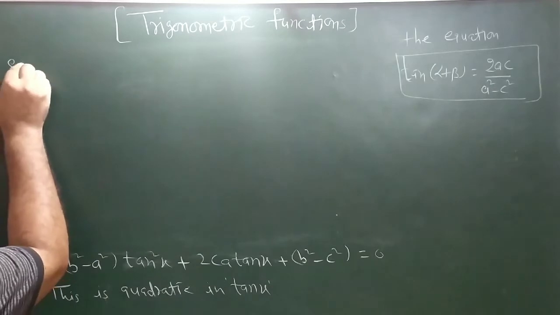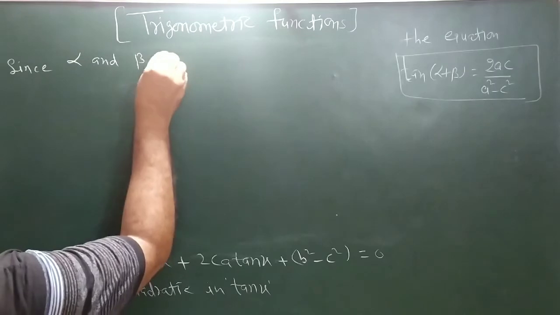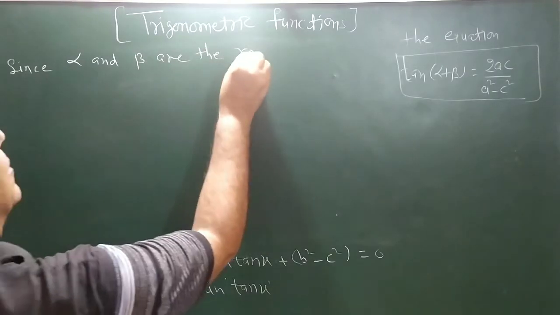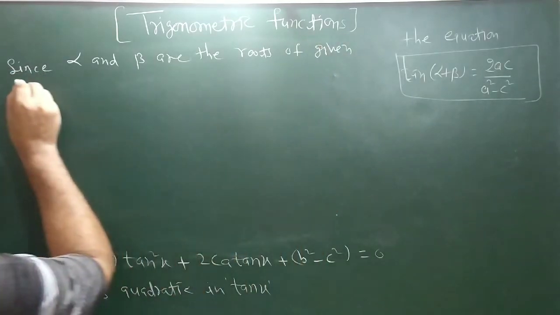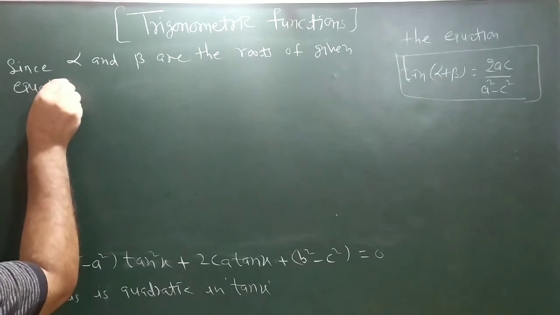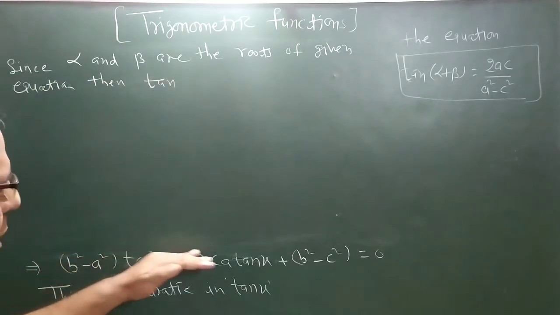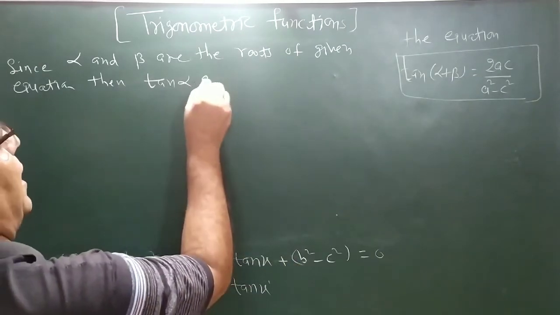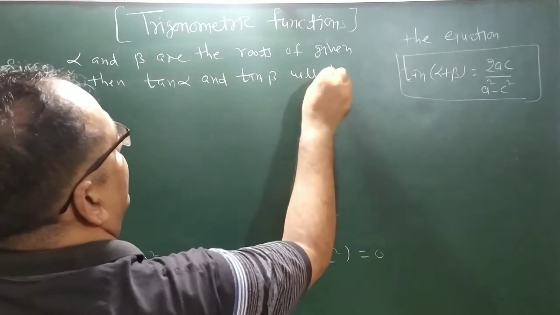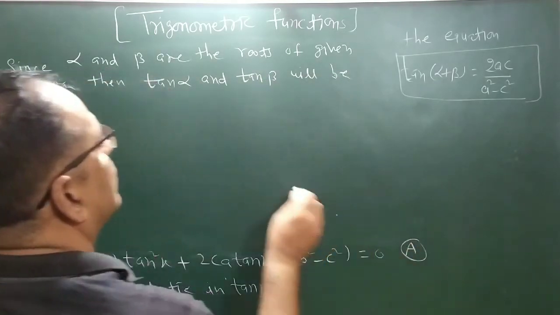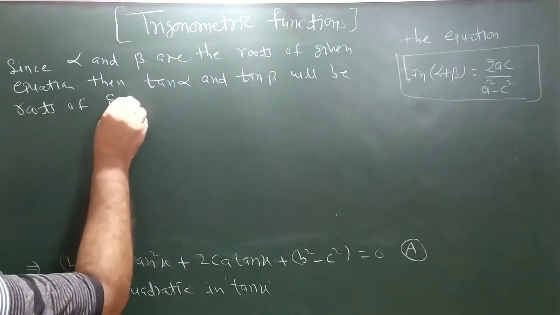Since alpha and beta are the roots of the given equation, then tan alpha and tan beta will be roots of the equation, because this equation is quadratic in tan.